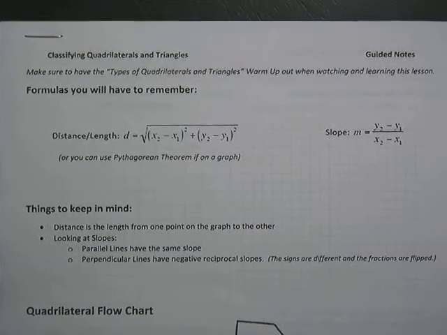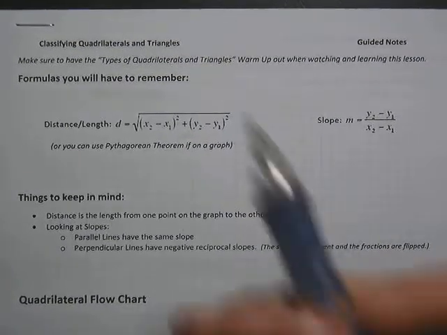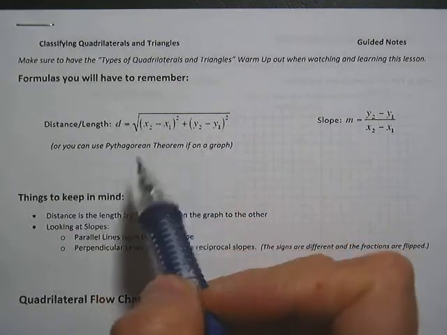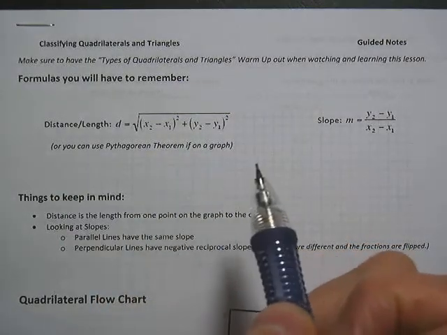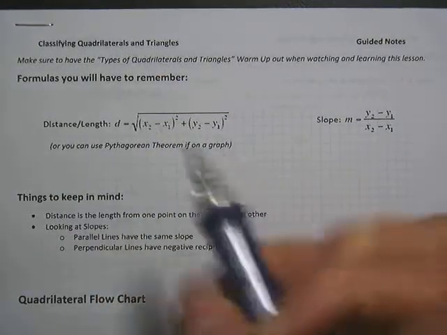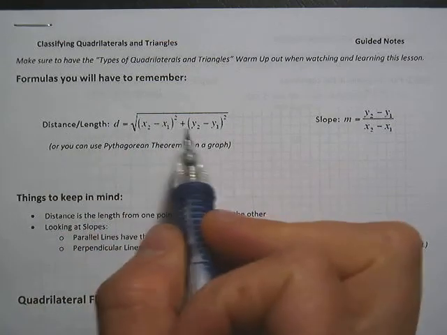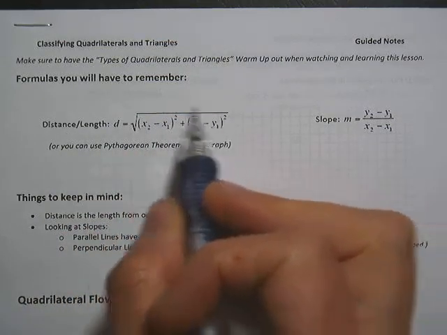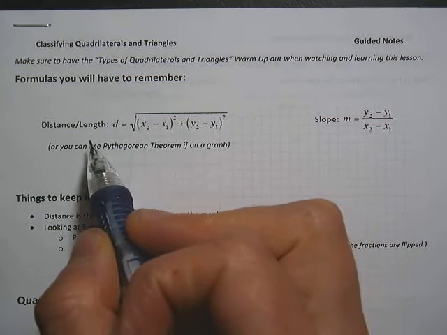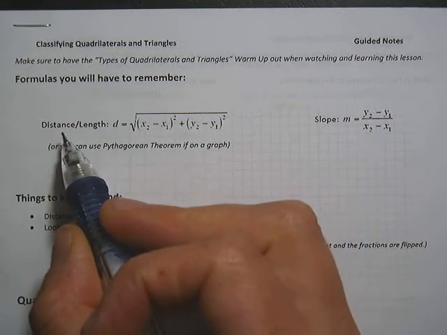So the first thing that you need to be aware of and remember are two different formulas, because they're going to come up pretty much in every single problem we do. So the first one is the distance formula. Remember, the distance formula tells you how far two points are away from each other on the graph.